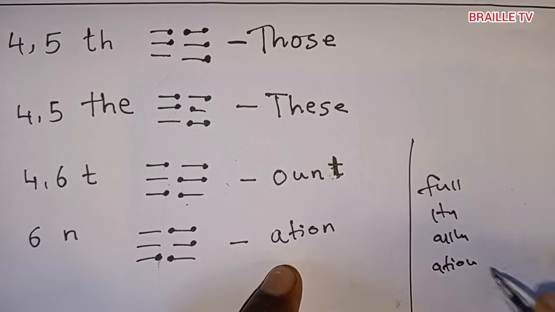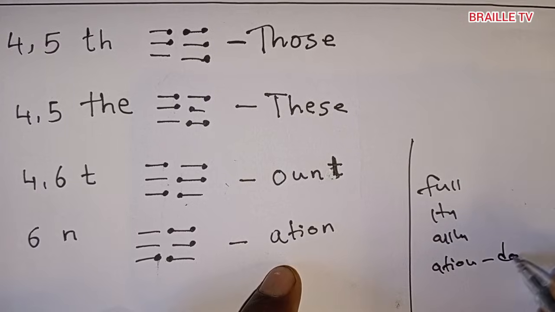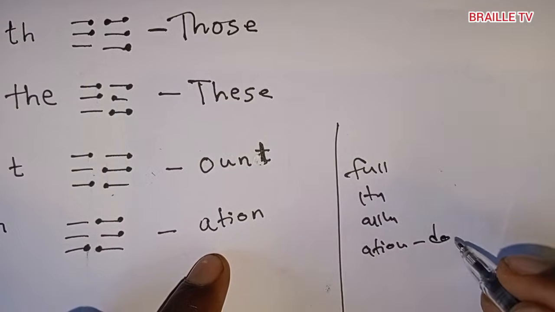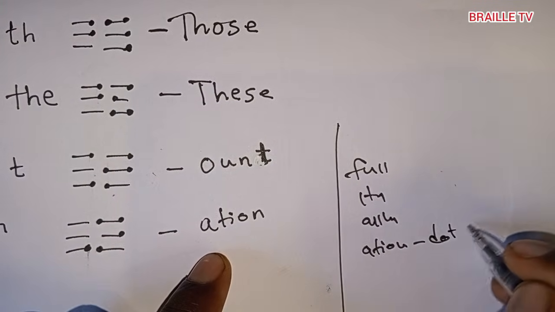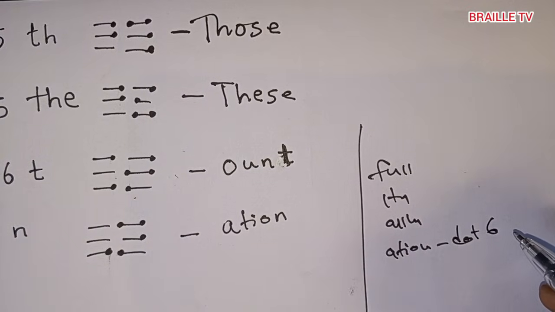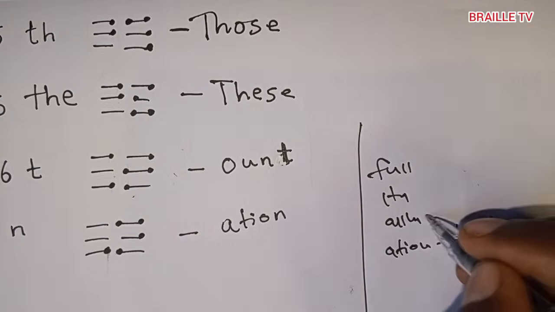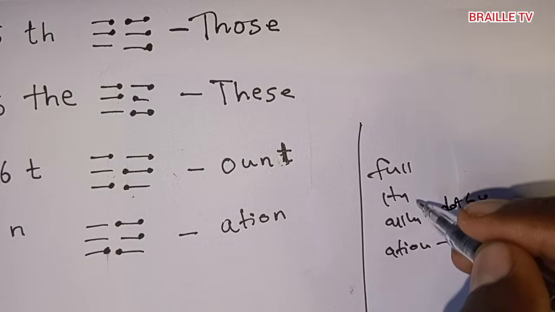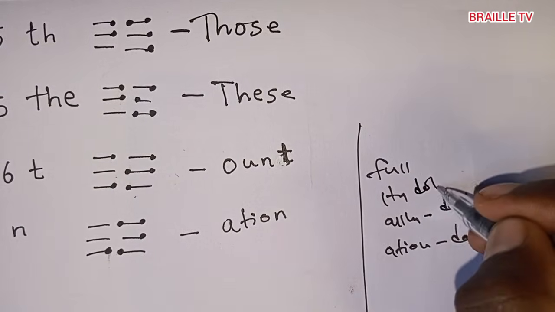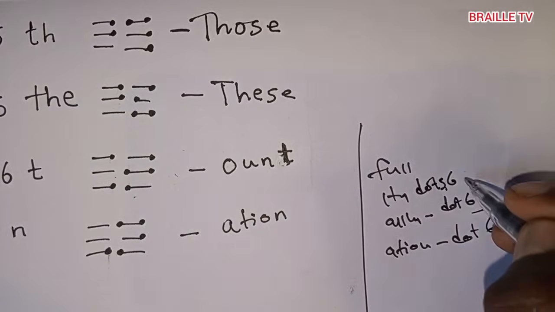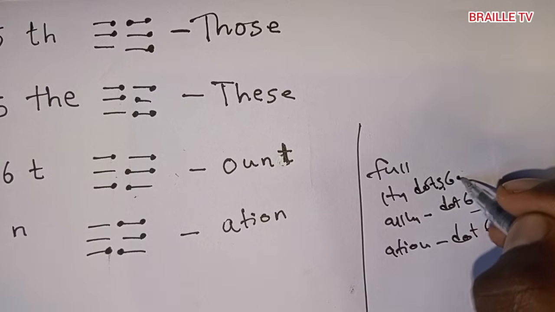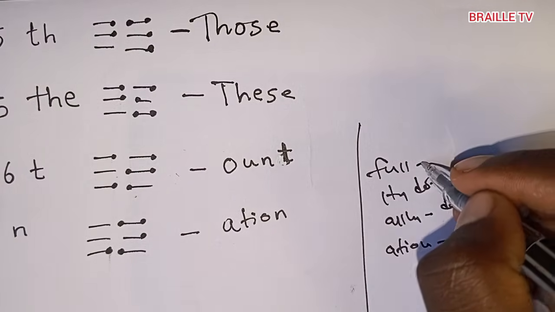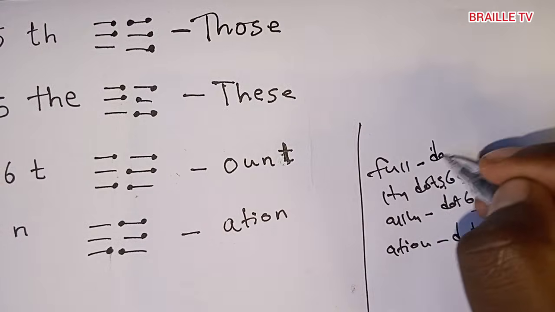Ashon. So tukasema ashon ni .6n. And then ally ni .6y and then et ni .56 et y. Okay? Then full ni .56l.